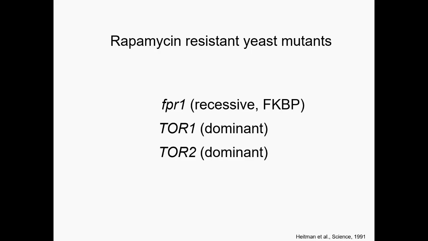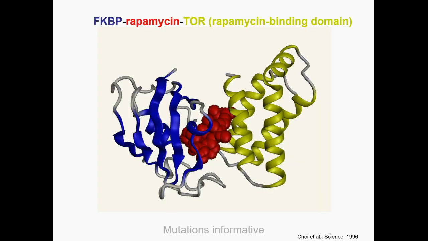So we had no idea why we had mutations in 3 different genes, what these genes encoded, and why they conferred resistance to rapamycin. When we cloned them and sequenced them, we understood the answers to these questions, and the answers relate to the mechanism of action of rapamycin, which is shown here.